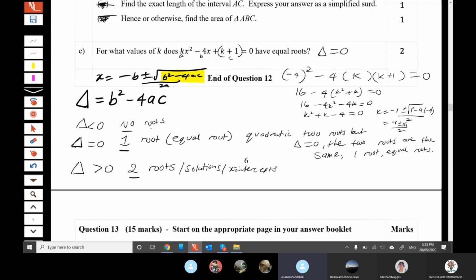Okay, sorry. So when you're doing roots, what letter are you usually solving for? X. So these are actually for x's. So roots are for x's. It's just saying, well, for what values of k would the x's have equal roots? That's what this means. Exactly.